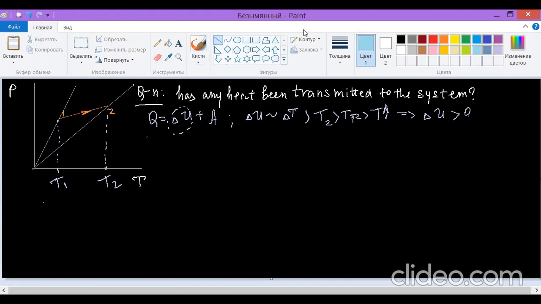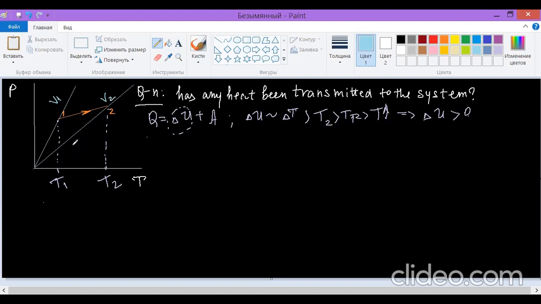I mean that this isochore corresponds to V1, while this isochore corresponds to V2, right? And we should remember, we talked about this in one of our previous classes.